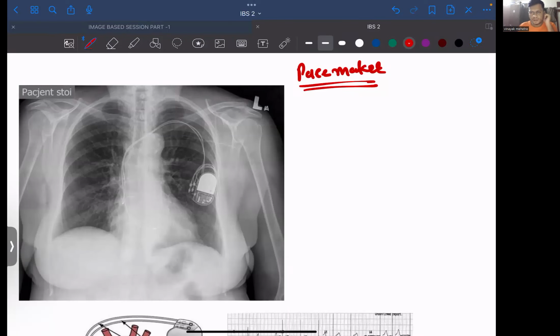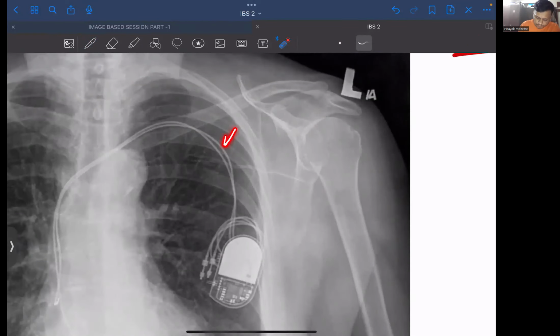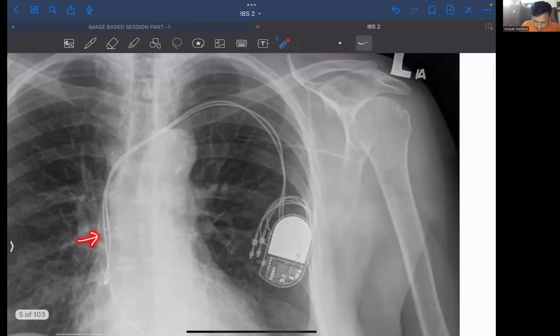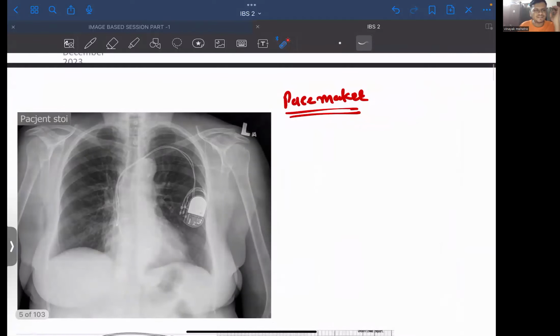Single chamber or dual chamber? Take a look properly. One wire, second wire. Over here as well, one wire, second wire. So of course it is a dual chamber pacemaker.